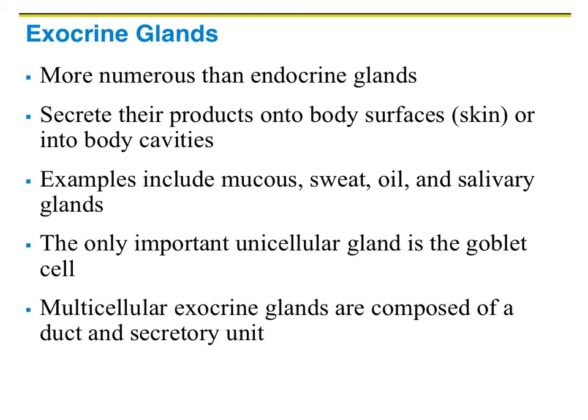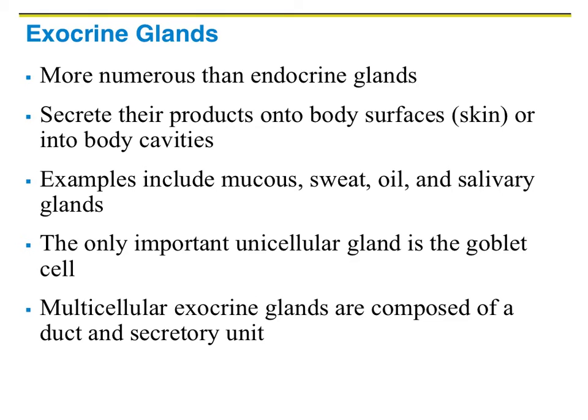Exocrine glands secrete their products onto the body surface or into a cavity. Exocrine glands secrete substances like mucus or sweat, known as sudoriferous glands, or oil, known as sebaceous glands, and saliva, known as salivary glands.